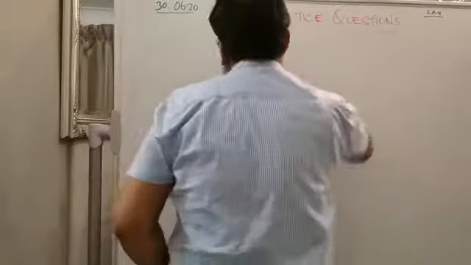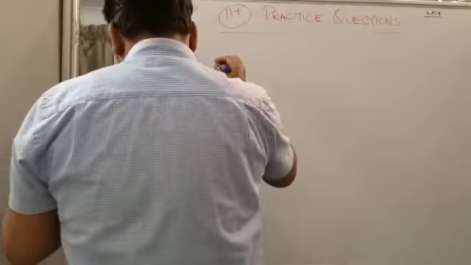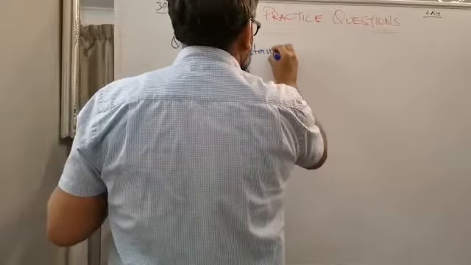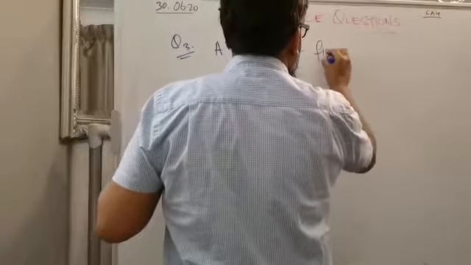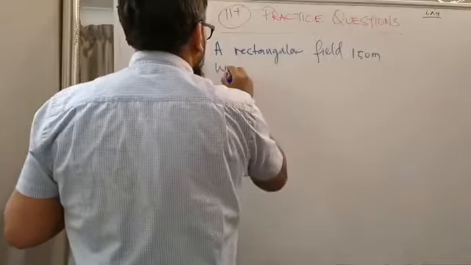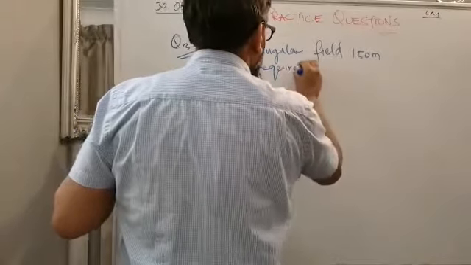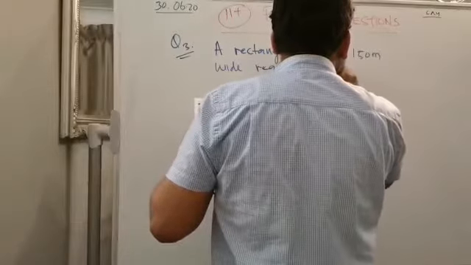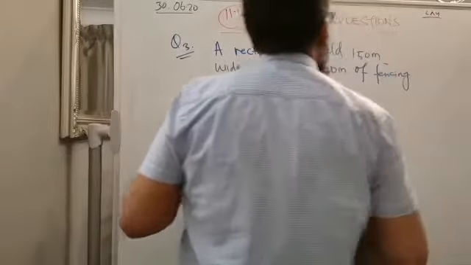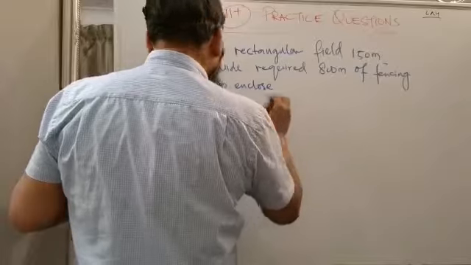Question number 3: a rectangular field 150 meter wide required 800 meter of fencing to enclose it.